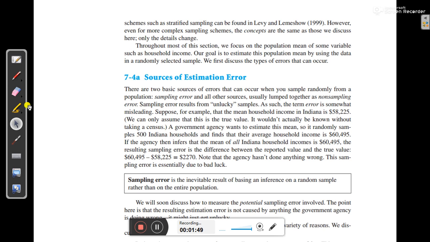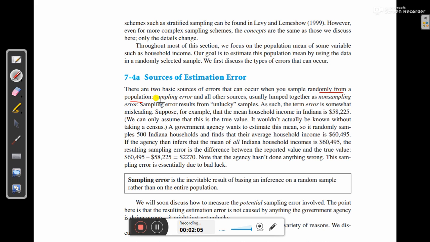So what is sampling error? There are two basic sources of errors that can occur when you sample randomly from a population.